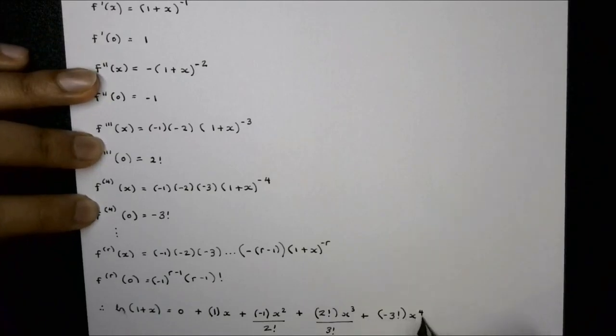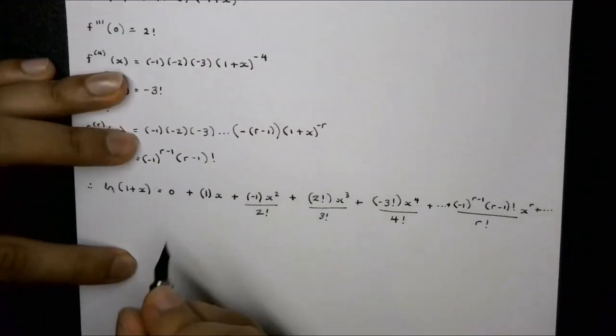We times this by x to the 4, and then divide by 4 factorial. And then in general, you can see here, we've got the minus 1 to the power of r minus 1 times by r minus 1 factorial divided by r factorial times by x to the r, and then we continue on with the other terms.